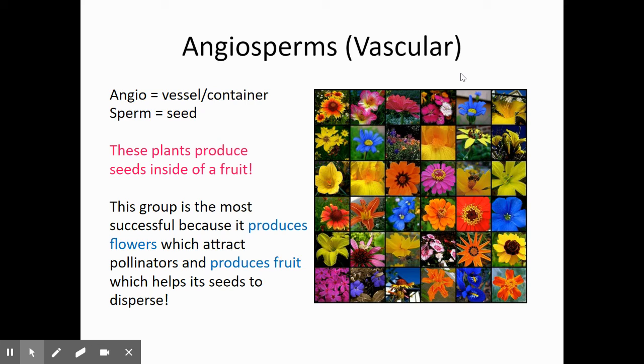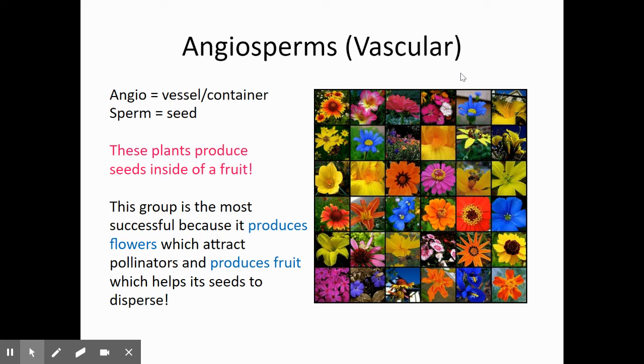Out of all of the groups, this group is the most successful from an evolutionary standpoint because, one, it produces flowers. Flowers are usually colored. They usually look nice. They smell nice. All of these traits are going to attract pollinators.